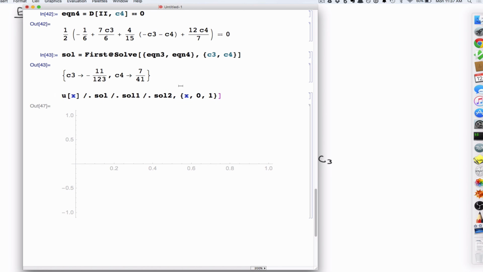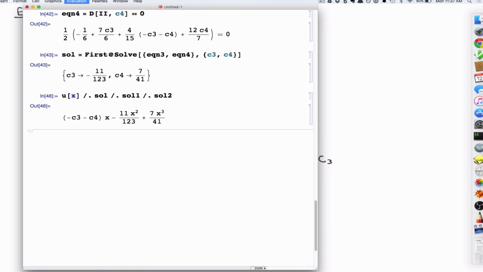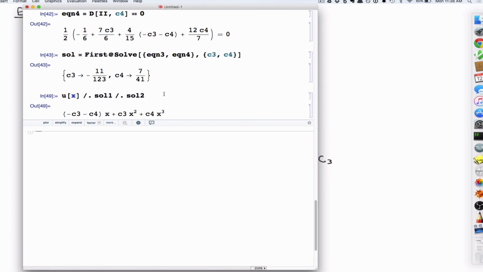What's going on here? Oh, C1 and C2 are in terms of C3 and C4. There we go.